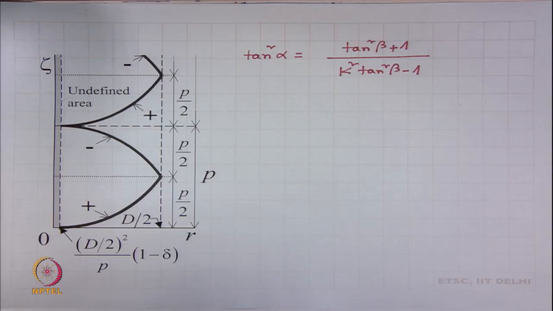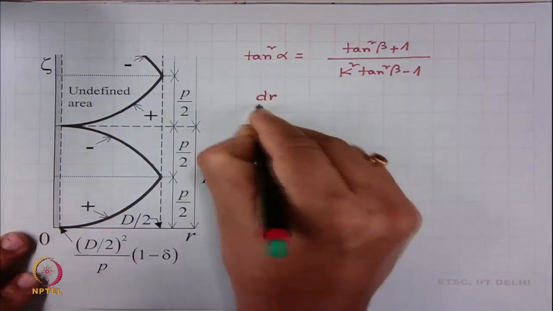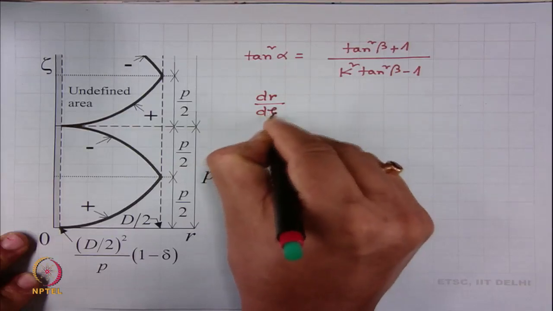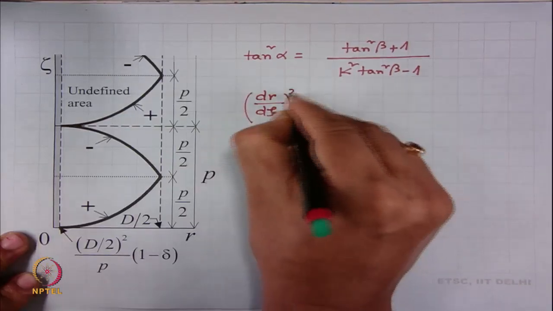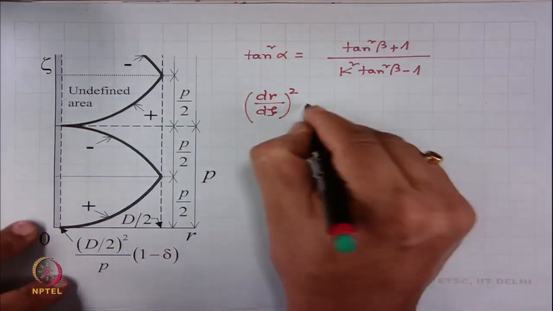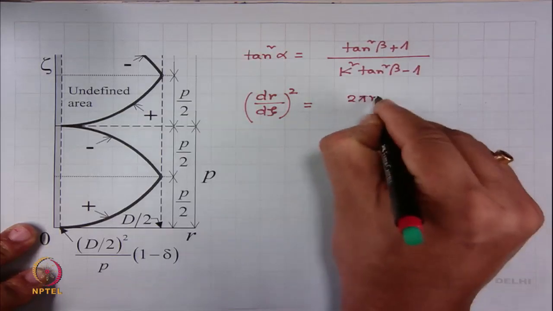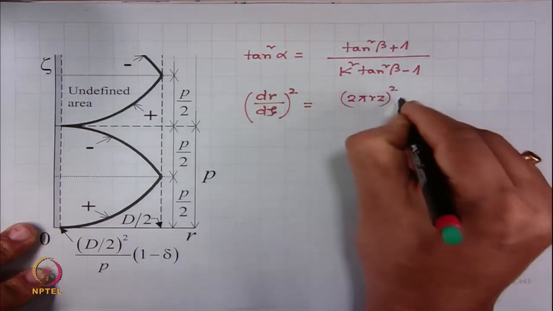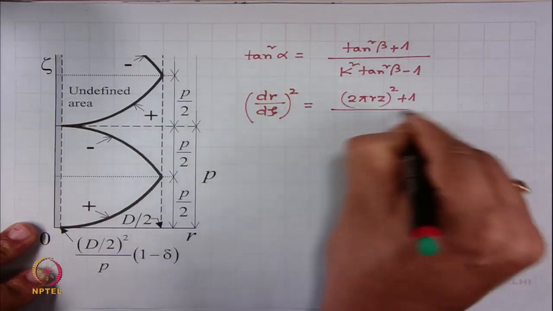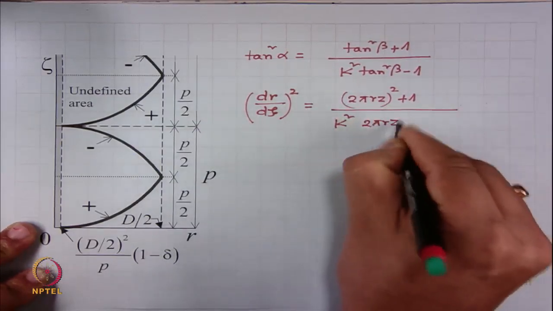Now, what is tan alpha? dr by d zeta square. What is tan beta? 2 pi rz.